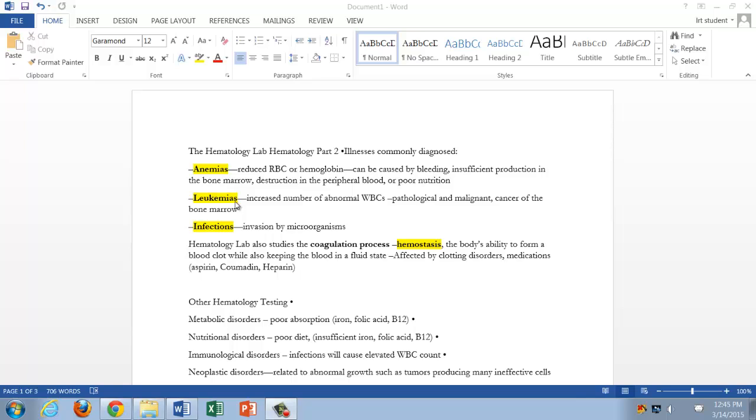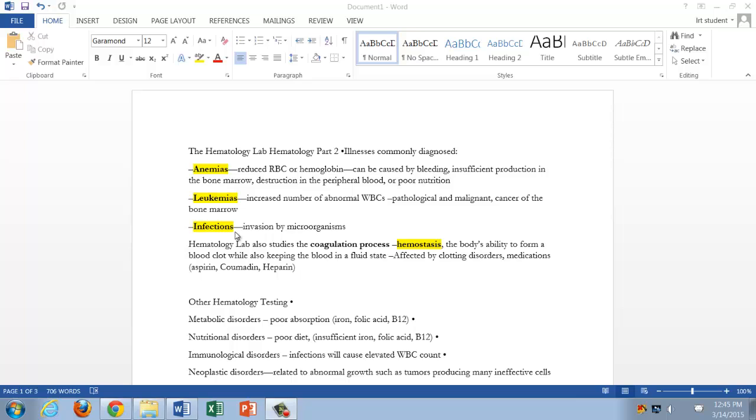We can have different types of cell lines in the bone marrow, and there can be a cancer or a malignancy in those, and then that type of leukemia has a different mode of treatment. So again, we help the physician in the hematology lab by discovering which type of cell is abnormal.